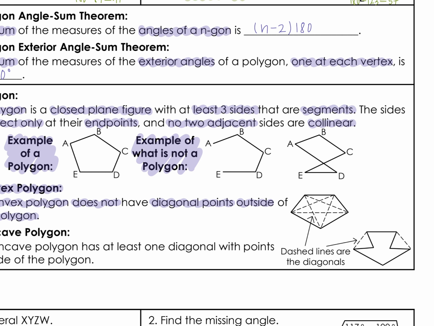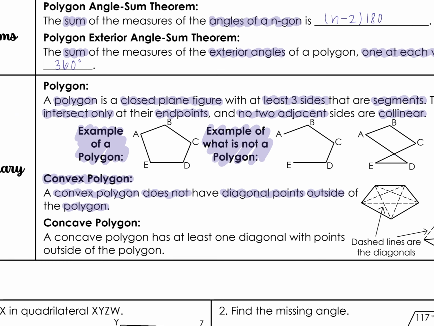Then you have in our next one, concave, where some of the diagonals are going to end up outside of the polygon. So a concave polygon has at least 1 diagonal with points that are going to be outside of the polygon.